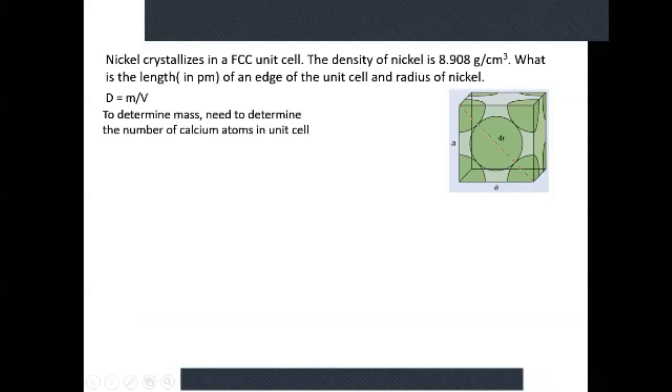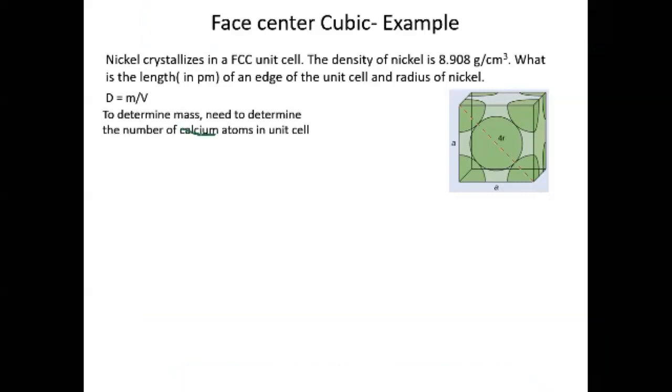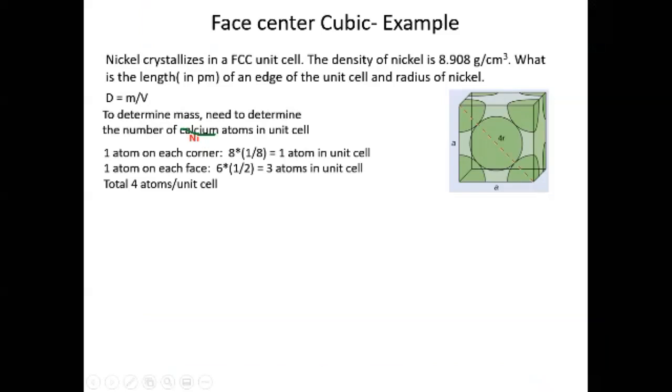So first we need to determine the number of nickel atoms in the unit cell. This should be nickel, not calcium. And since it's face-centered cubic, it's going to be a total of 4 atoms in the unit cell.